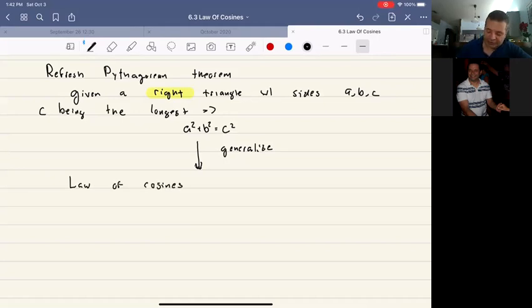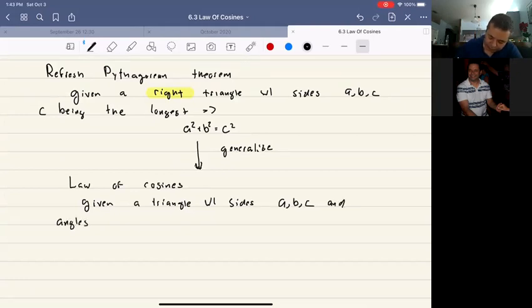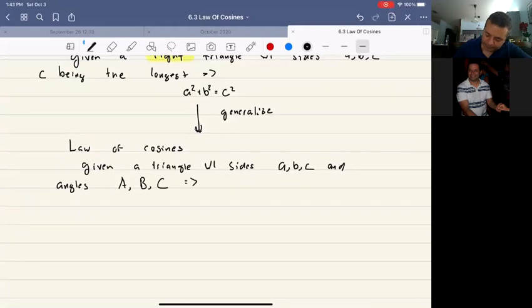So now we're just given a triangle with sides A, B, and C, and angles capital A, capital B, and capital C. Angle A is across from A, angle B is across from B, and angle C is across from C. Then A squared plus B squared minus 2AB cosine of C equals C squared.